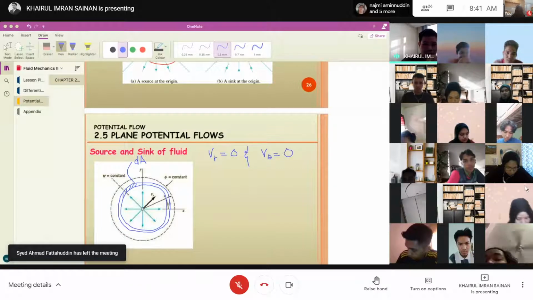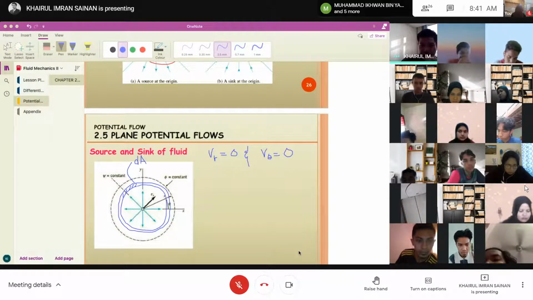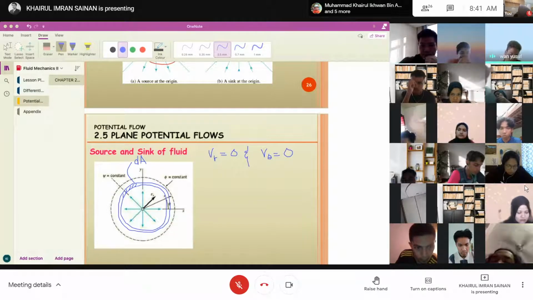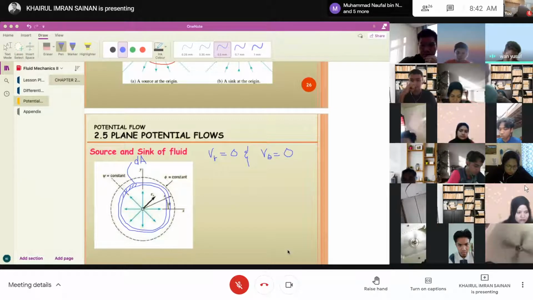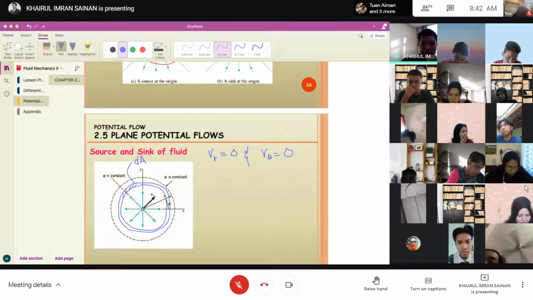So for source flow, is there any V theta? Take a look at the direction of flow.